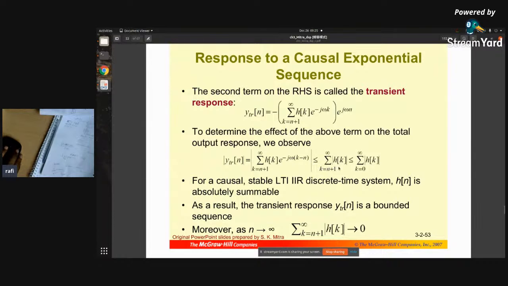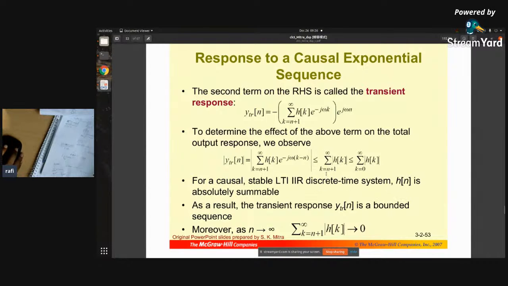So this is the sum of h of k from n plus 1 to infinity, which is always less than the sum from k equal to 0 to infinity.